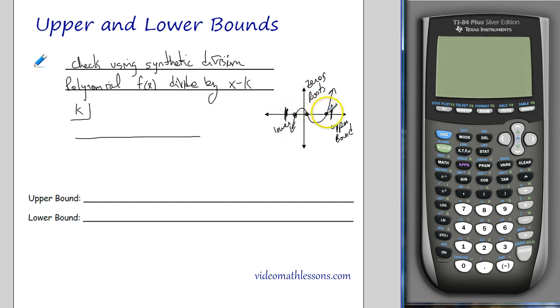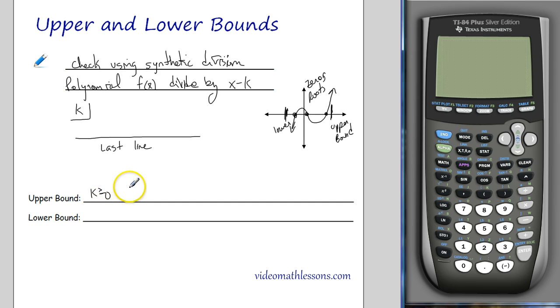Well, I'm not asking for the roots this time. What I'm doing is plugging in a number, and I want to see if it's going to be the upper bound, the maximum, or the lower bound, where nothing's going to go behind it. What we're going to use is this last line. So we're going to do a synthetic division, and we're really going to be comparing this line right here. For the upper bound, we're going to use positive k's, or it could equal 0.